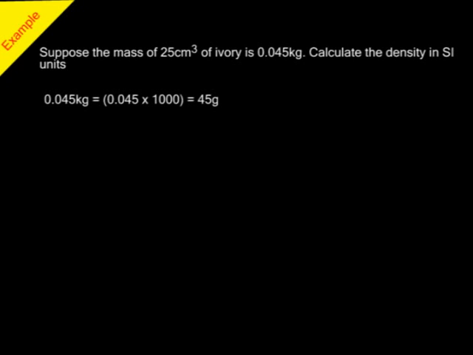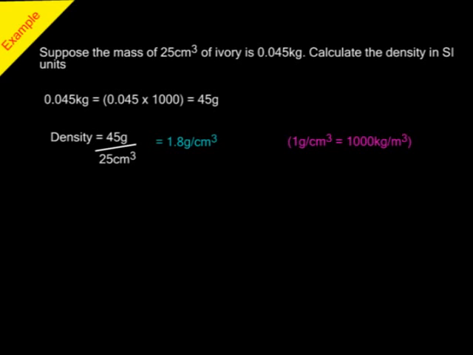So I multiply by 1,000 and I get 45 grams. So density is mass over volume. 45 grams divided by 25 centimeters cube, I get 1.8 gram per centimeter cube. To convert into kilograms per meter cube, I simply multiply by 1,000 and I get 1,800 kilograms per meter cube.